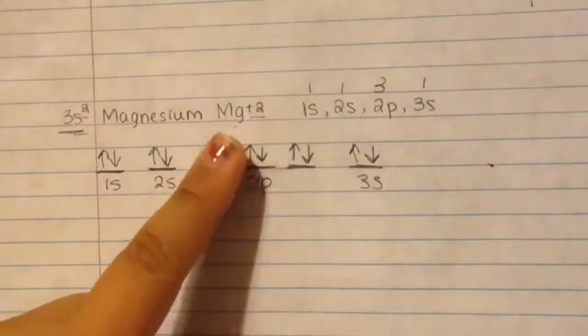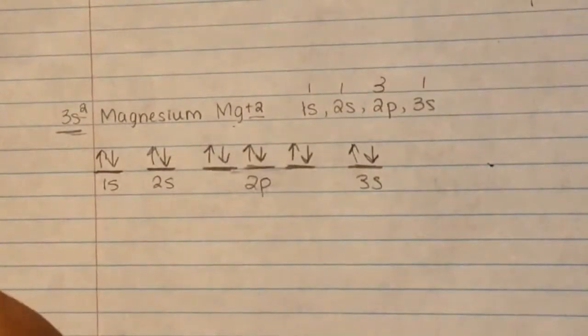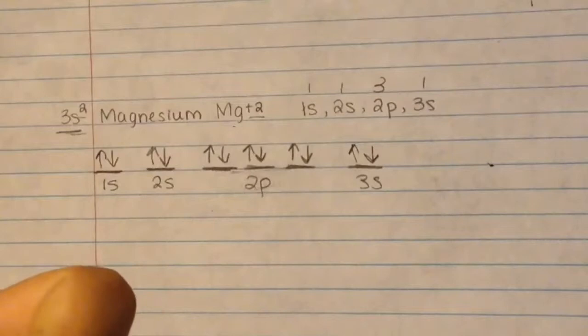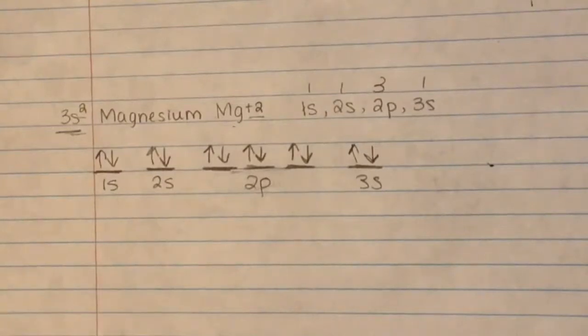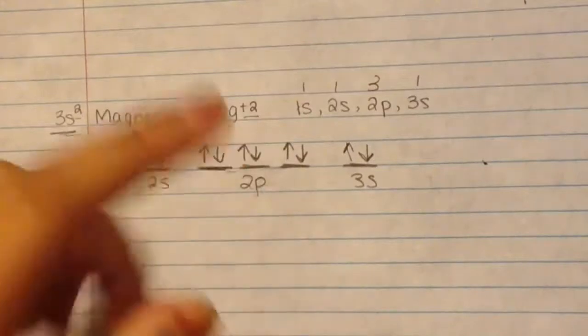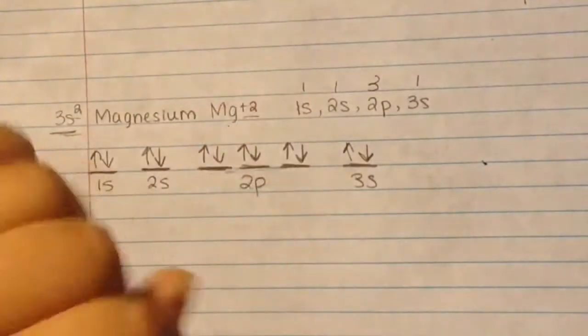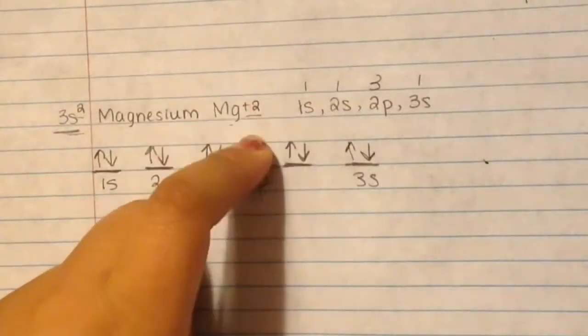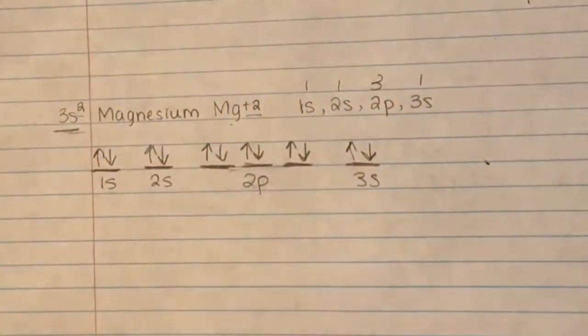This +2 means that this atom doesn't have as many electrons as it needs because it's +2 positive. Okay, my finger looks really weird and short. Anyway, +2, it's positive.